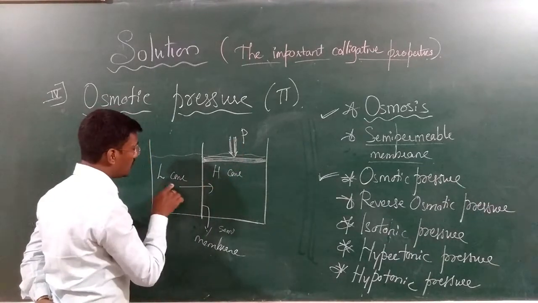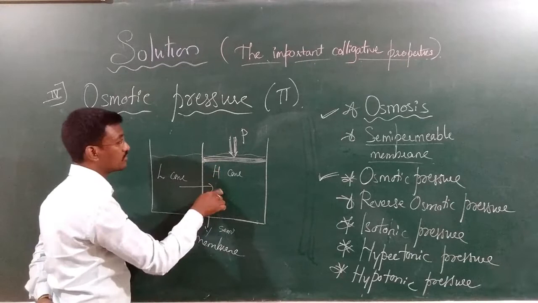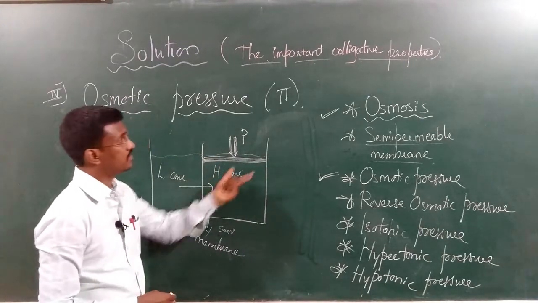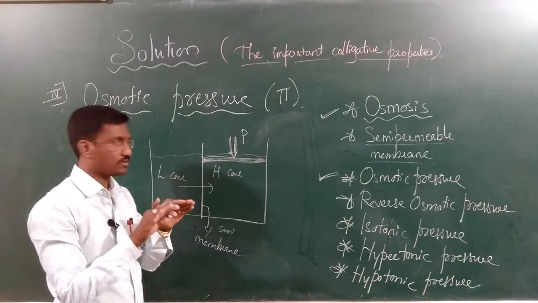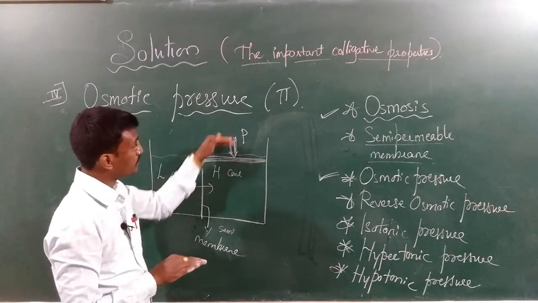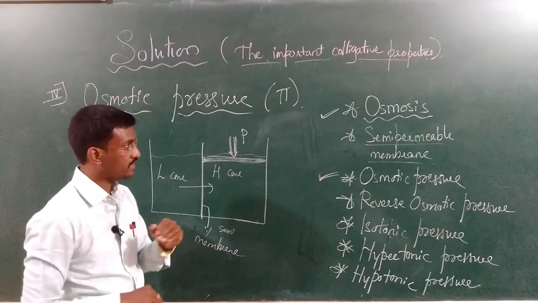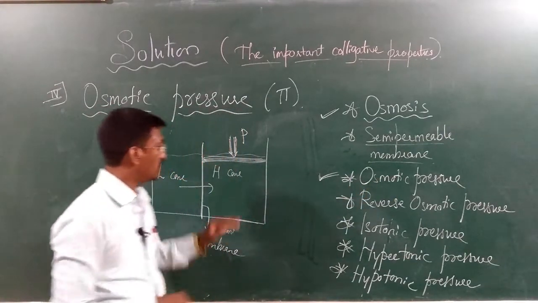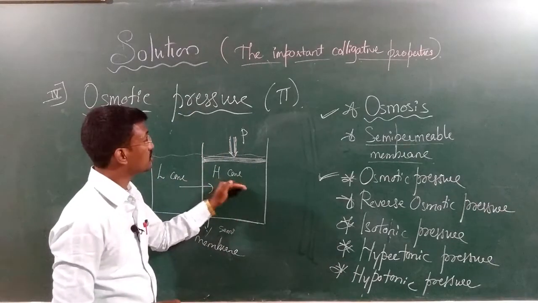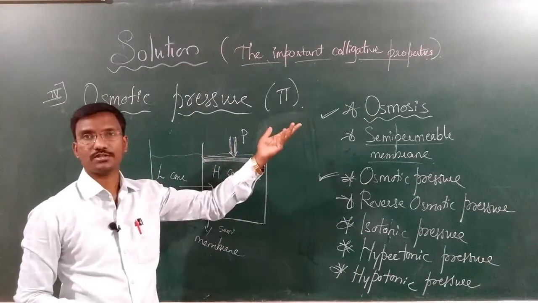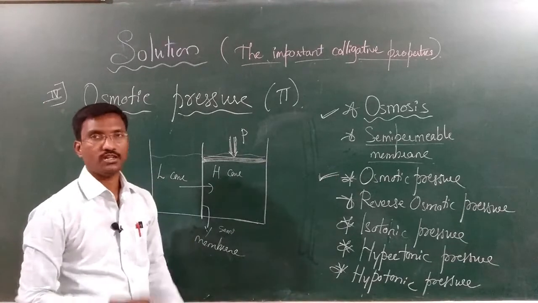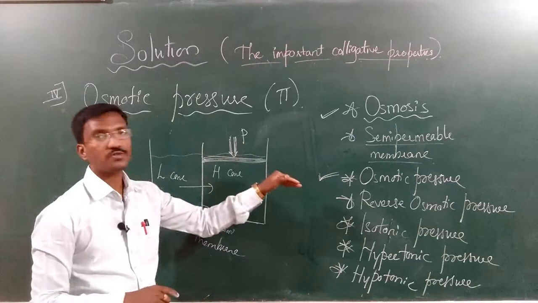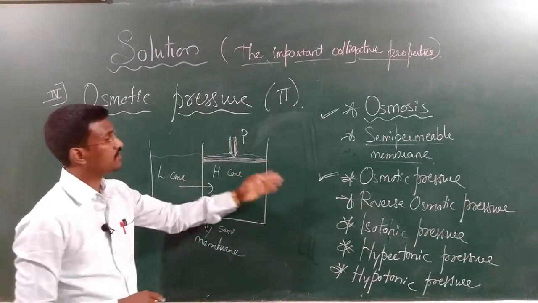Why? Because the particles are coming from lower to higher concentration and we want to stop this osmosis. So osmotic pressure is the pressure applied on the higher concentration to stop osmosis. This is called osmotic pressure.